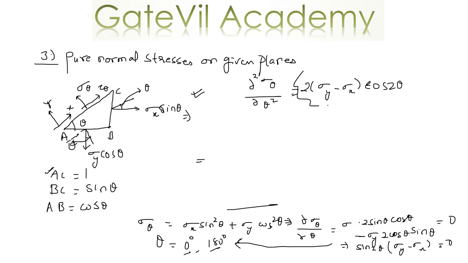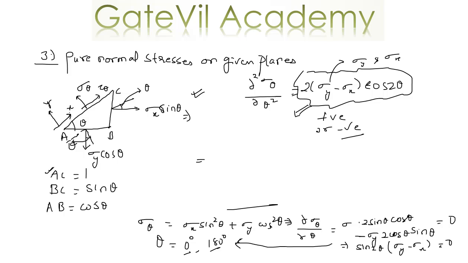Whether this del 2 sigma theta by del theta square is positive or negative will tell you whether theta equal to 0 degrees or theta equal to 180 degrees gives the maximum or minimum. This term will turn positive or negative depending upon the values of sigma y and sigma x, but you're sure that the maxima or minima will come at those angles.